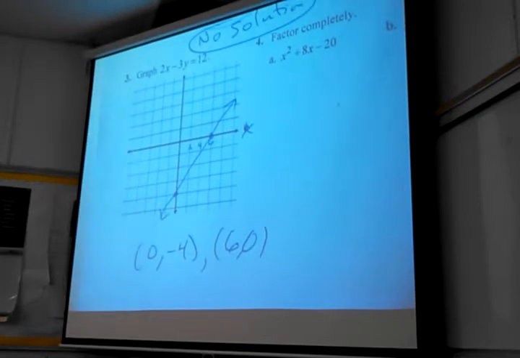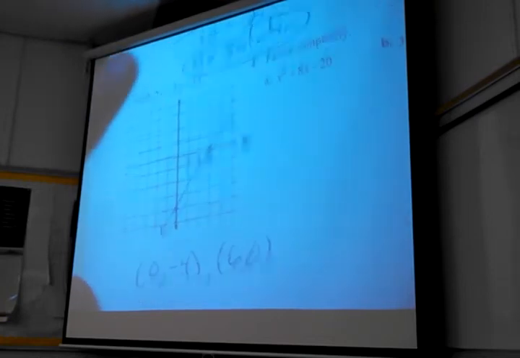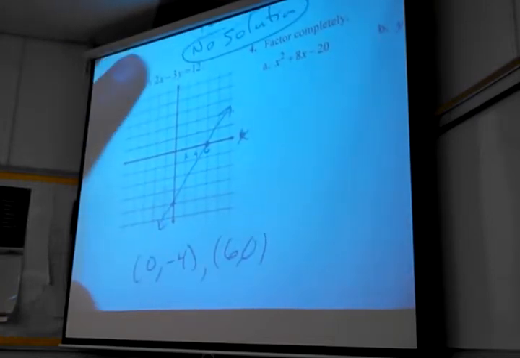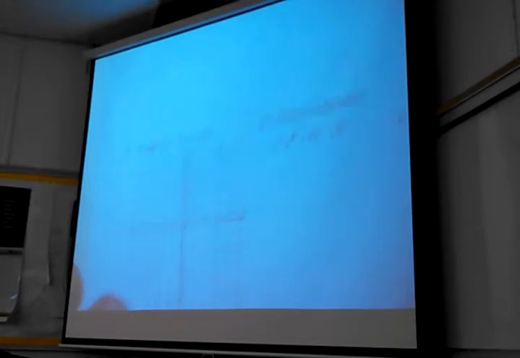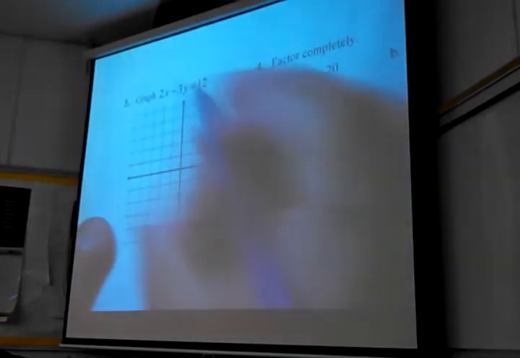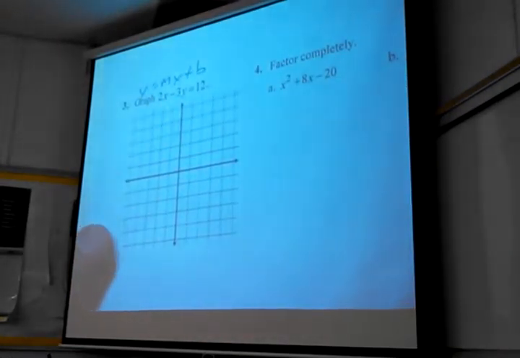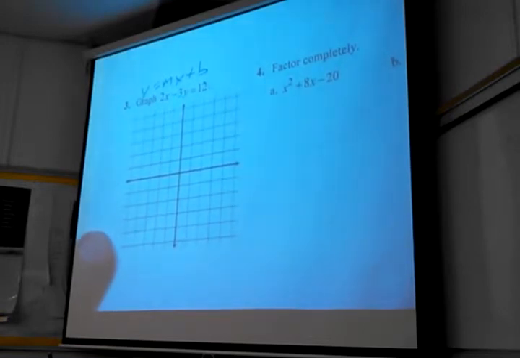Somebody do it a different way. mx plus b. I like it. So real quick, there's that way. If you did it that way, get those 2 points. If you do it this way, solve for y, because of course the equation of a line in general is, like you just said it, mx plus b, where m is the slope and b is the y-intercept.